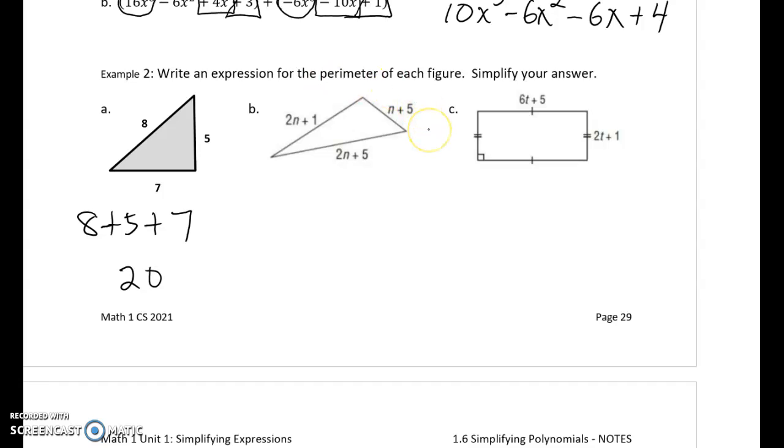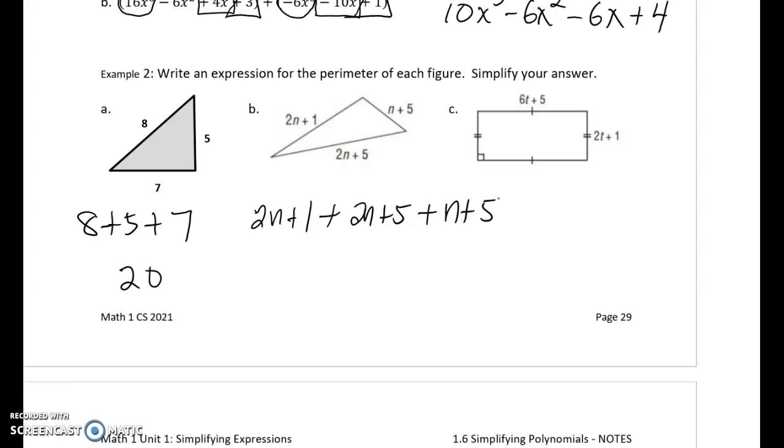Perimeter of this triangle. Now the sides have expressions. That's okay. We still know that perimeter means adding up all the sides. So I'm going to take this side, which has a measurement of 2n plus 1, add it to this side, which is 2n plus 5, and that third side, n plus 5.